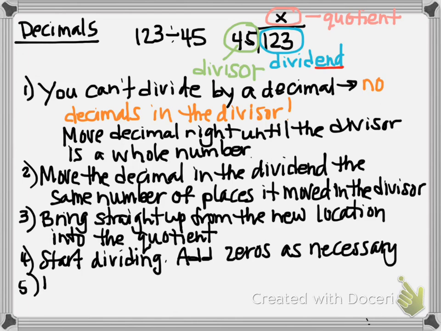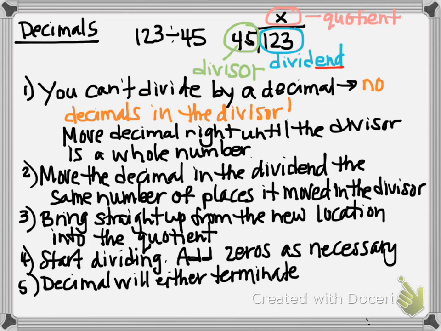And then what we'll end up with is either this original problem will terminate, so no remainder, terminate, so put that in red, or repeat.